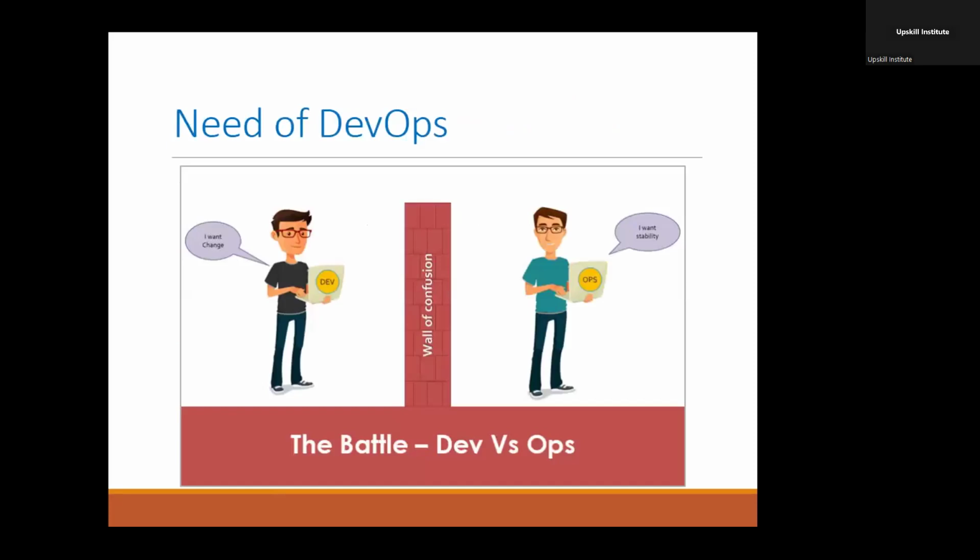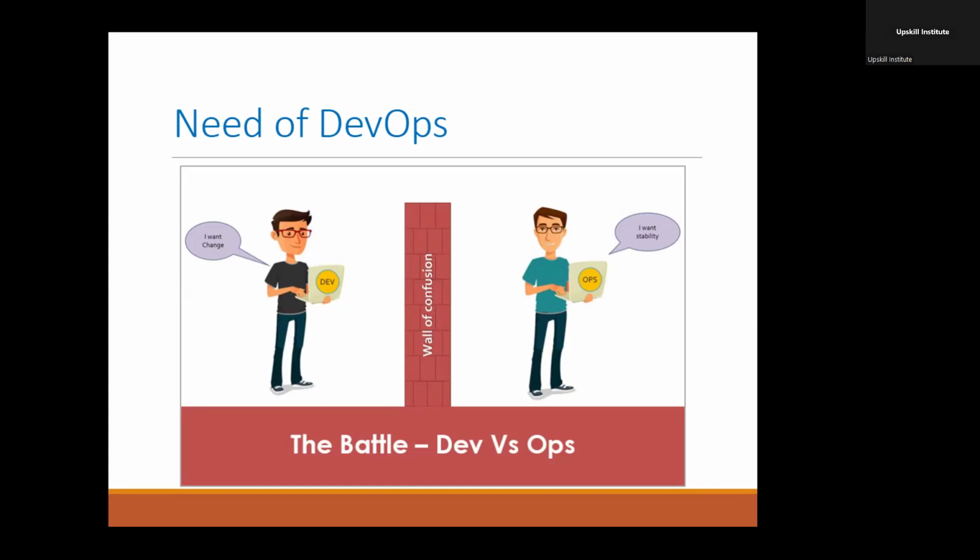So here you can see there was always a battle between the development team and the operation team, as everyone wants to have their job at ease. The developer will deliver development in chunks, module by module. At the same time, sometimes if something goes wrong by the developer, the application will crash.